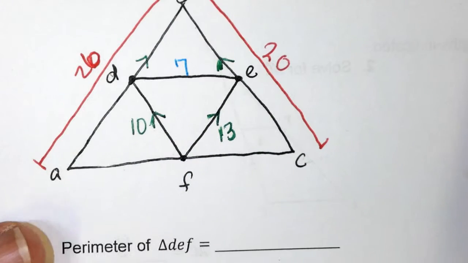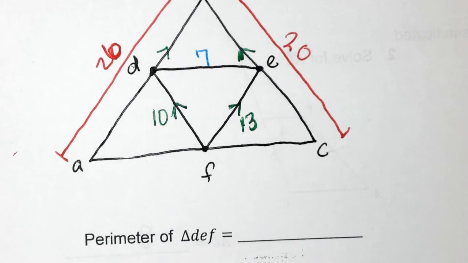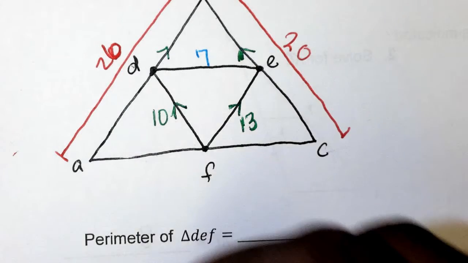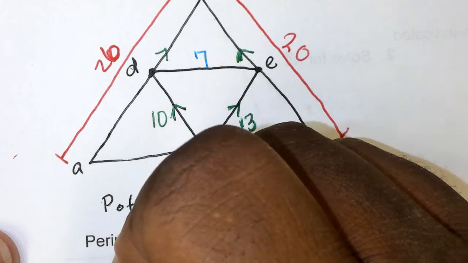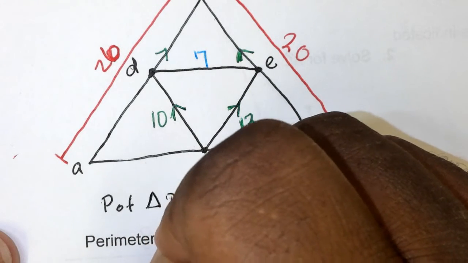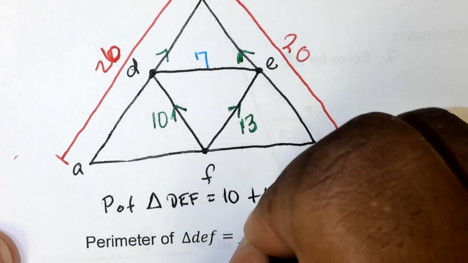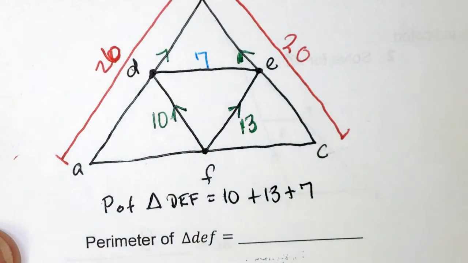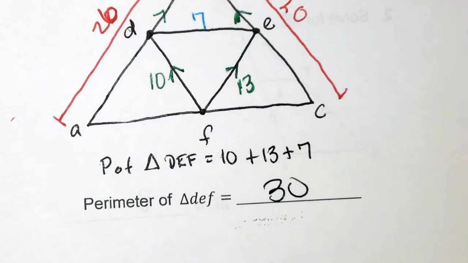Now y'all following. So now I ask you, what is the perimeter of triangle DEF? Thank you. I get what you did. Half of 20 is 10, half of 26 is 13. So 30.